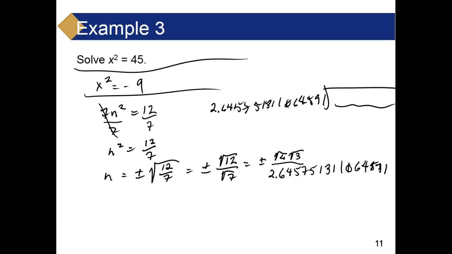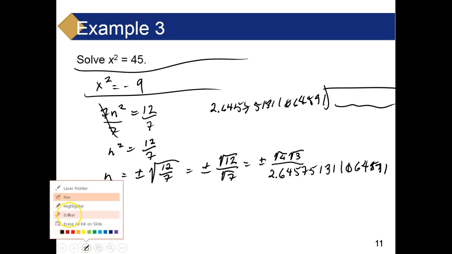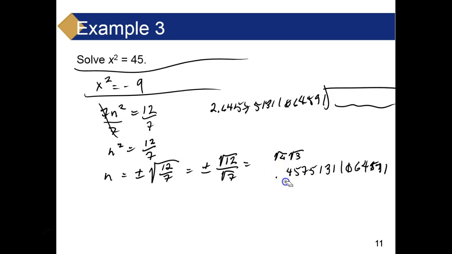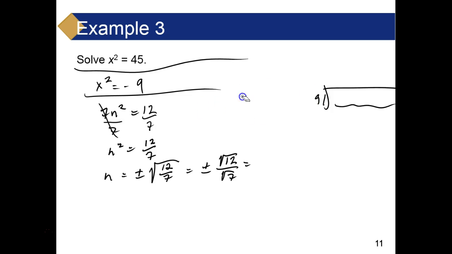So what we do, we want to rationalize the denominator, make that a rational number. Can anybody think of a way to do that? While I'm erasing, you think of a way, because I sure don't want to divide that way. Can anyone think of how you can make that square root of 7 a rational number?